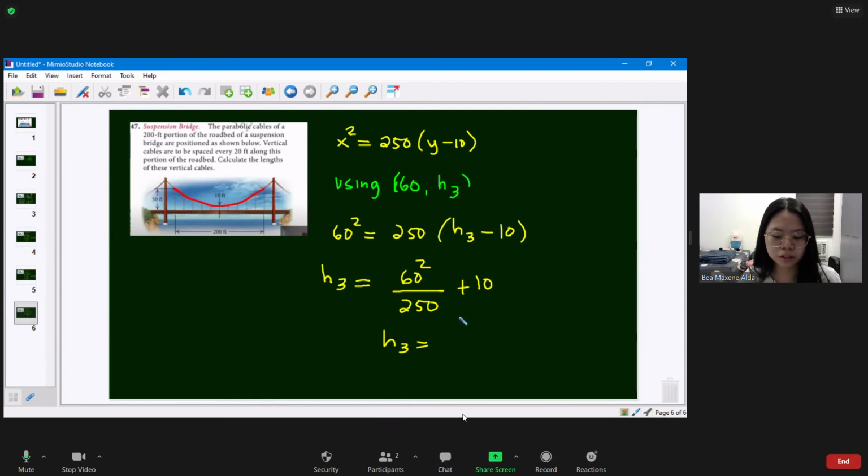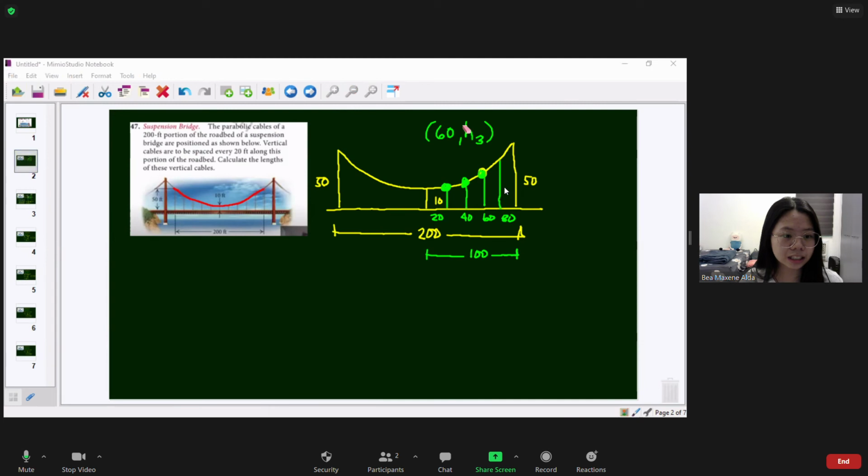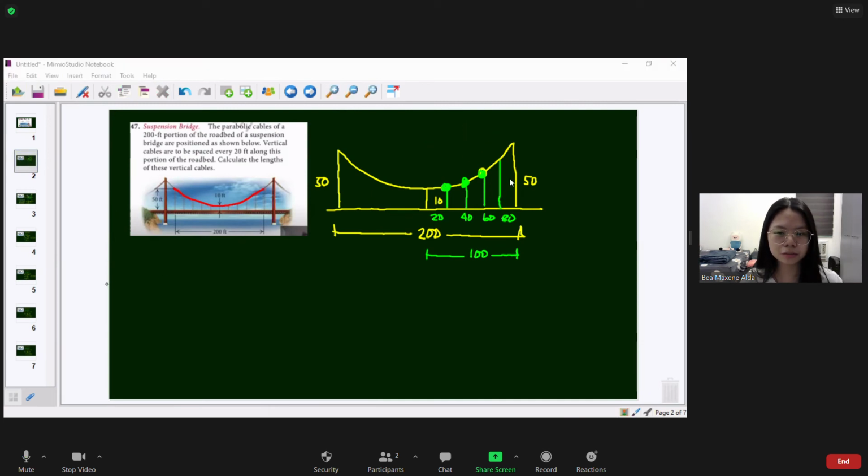Tapos, so magiging value natin is 24.4 feet. Whew! We're getting there! Last na! Okay. Balik tayo. So, ano yung natitira? Yung 80. So, last na yun. At least hindi tayo mabilis. Pero at least naiintindihan natin ng maayos.